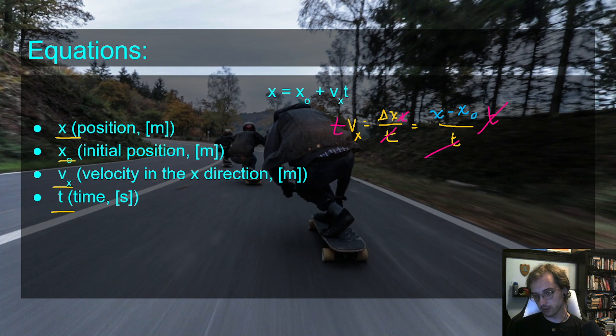That gives us that our current position minus our initial position is going to be equal to our velocity times time. Then all we have to do is add our initial position to both sides, and we wind up with our equation.